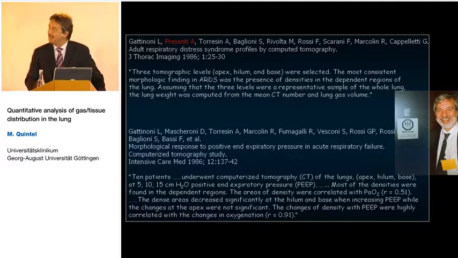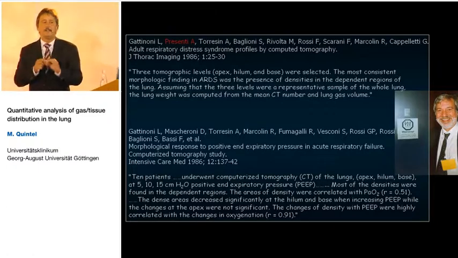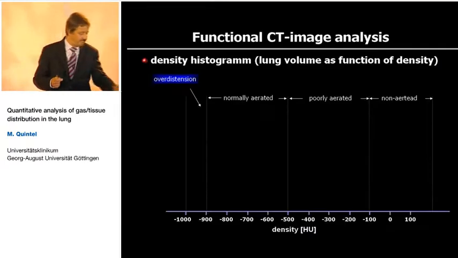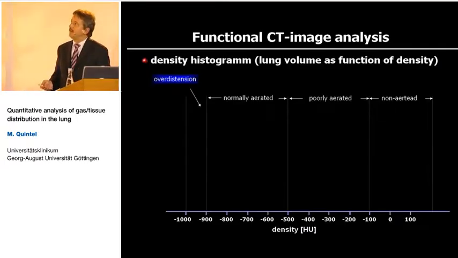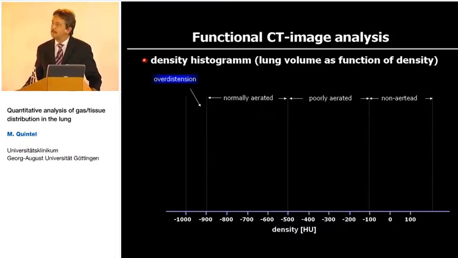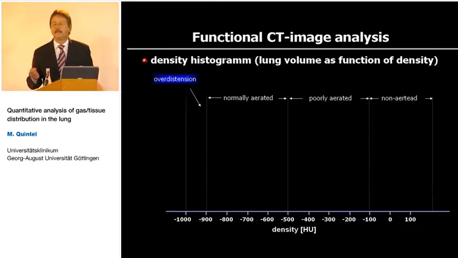And there was another publication, and they described for the very first time that changes in aeration induced by PEEP can be described by means of CT. What we now know is that there is a distribution starting at minus 1,000 up to minus 900 Hounsfield units, which means overinflated lung areas.